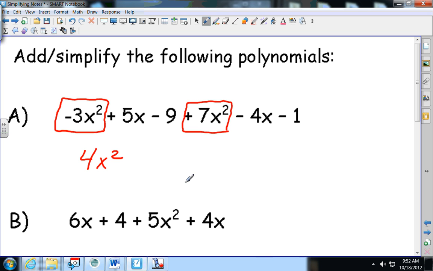Now I'm going to put together my x's. I've got 5x minus 4x. 5 minus 4 is 1x. Then negative 9 goes with negative 1, which is minus 10.